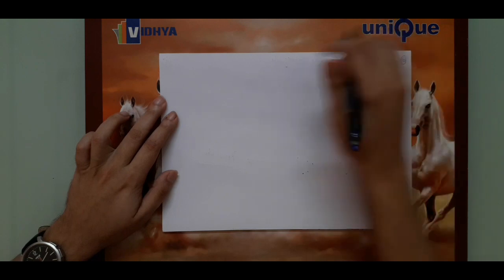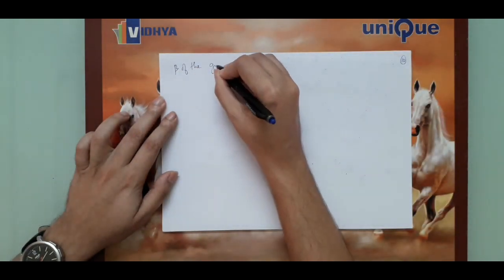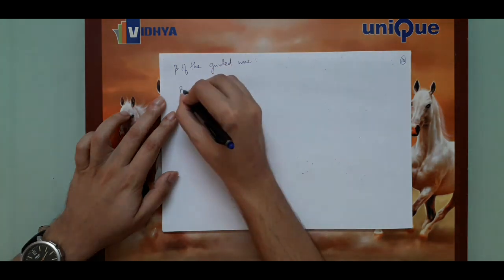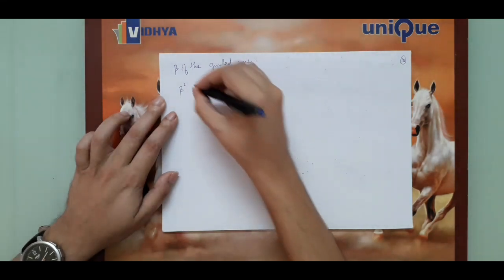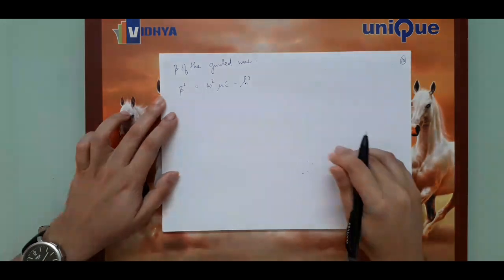We can say that the beta of the guided wave, beta square, is omega square mu epsilon minus h square.